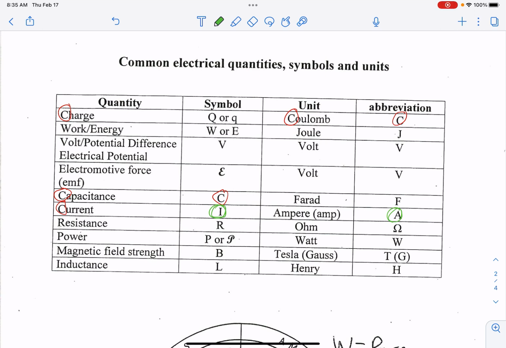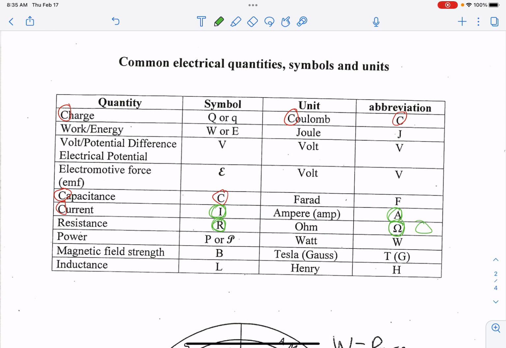Another example would be resistance. Logically, that begins with the symbol R, but it's measured in ohms. And we use the Greek letter, omega, for ohms, and obviously not the letter O for ohms, because that would look like a zero and would be very confusing.